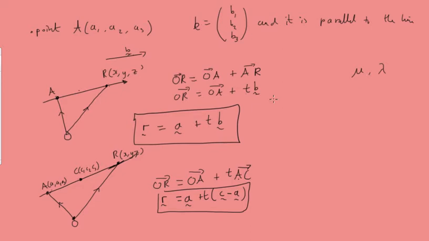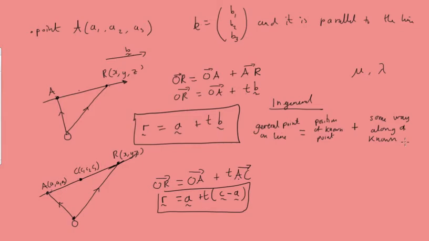So in general, what we have is a general point on the line is equal to the position of a known point, in this case A, plus some way along a known direction.